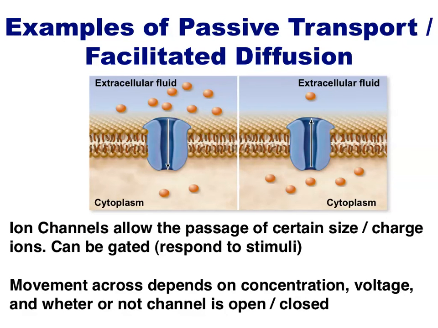Let's look at some additional examples of facilitated diffusion or passive transport. Ions, which are atoms or molecules that carry a full positive or full negative charge, cannot pass through the nonpolar membrane. Special protein gates, known as ion channels, allow them to diffuse, again along a concentration gradient.